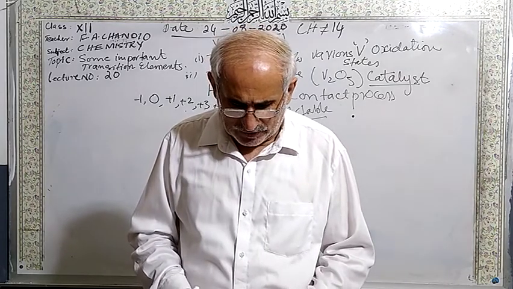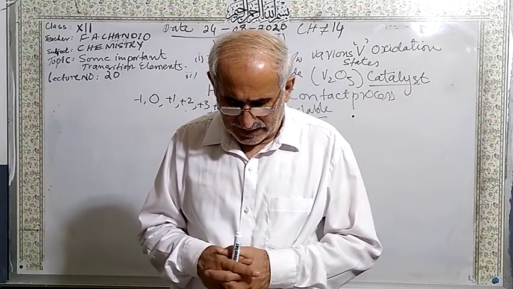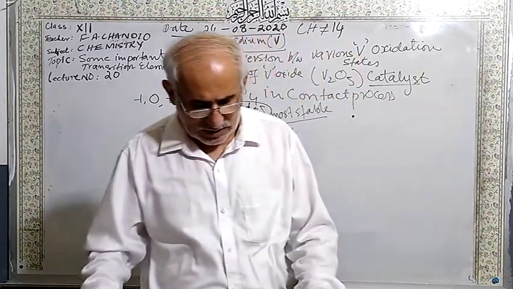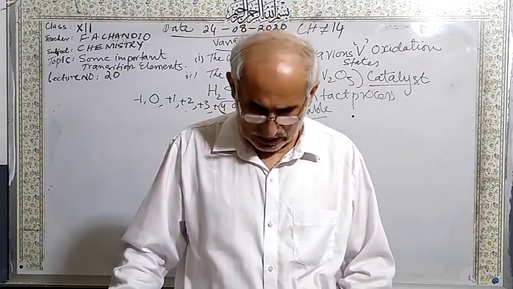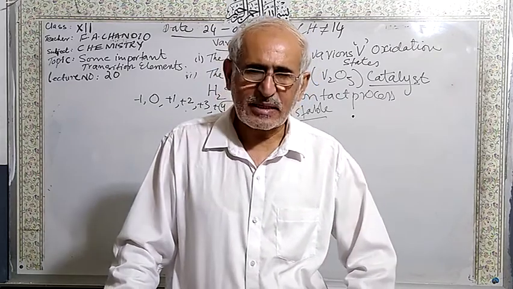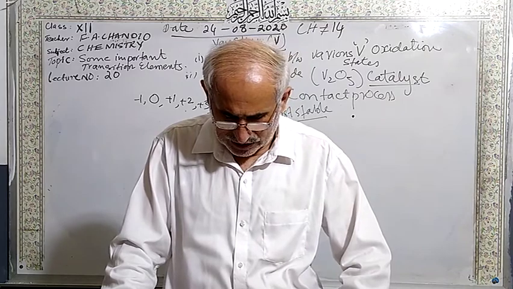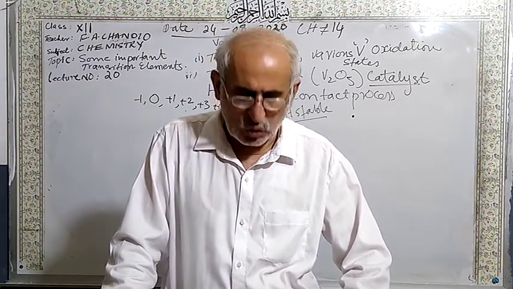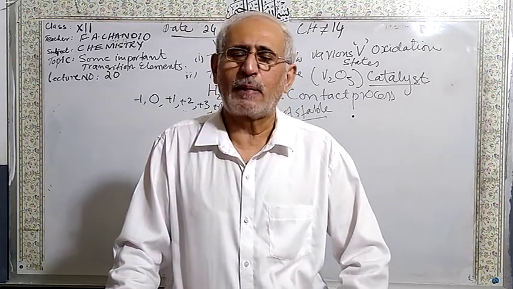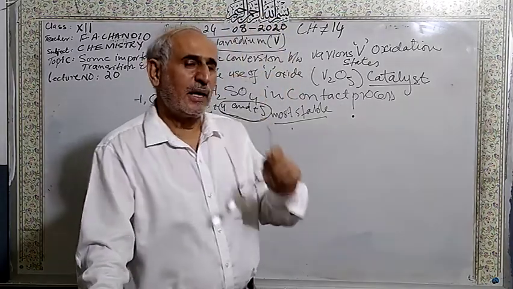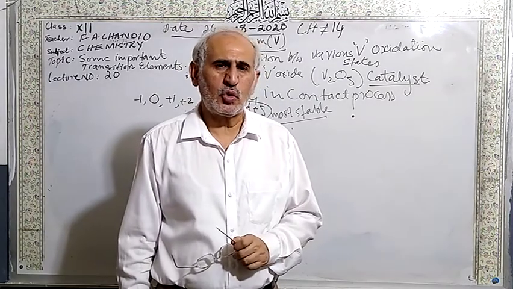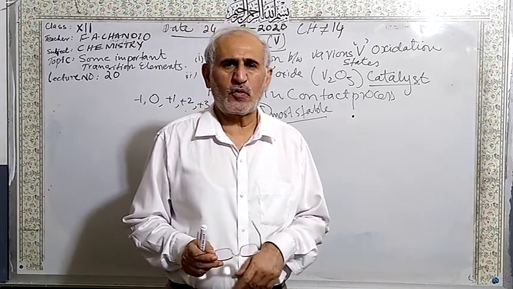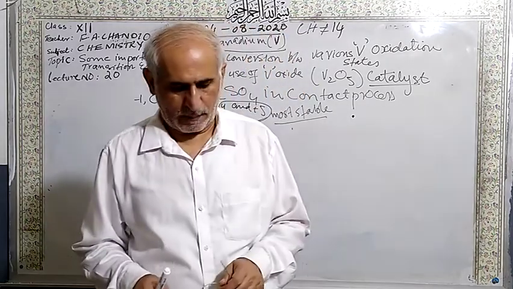The energy of the (n-1)d and ns orbitals is very close to each other, so the (n-1)d electrons are easily lost as ns electrons. So in the higher oxidation states, s and d electrons are used for bonding, and when s and d electrons are used, they give different types of oxidation states.